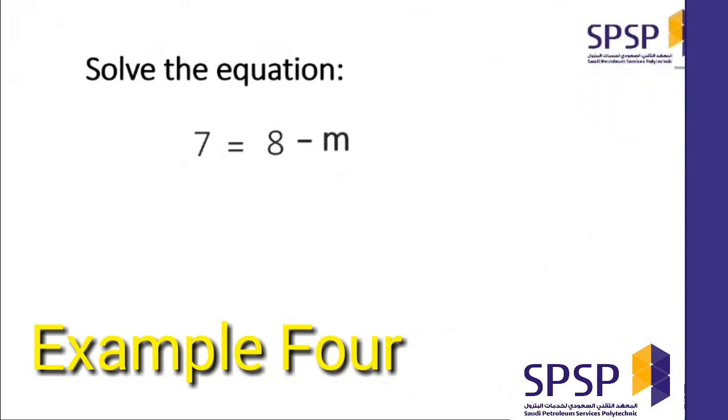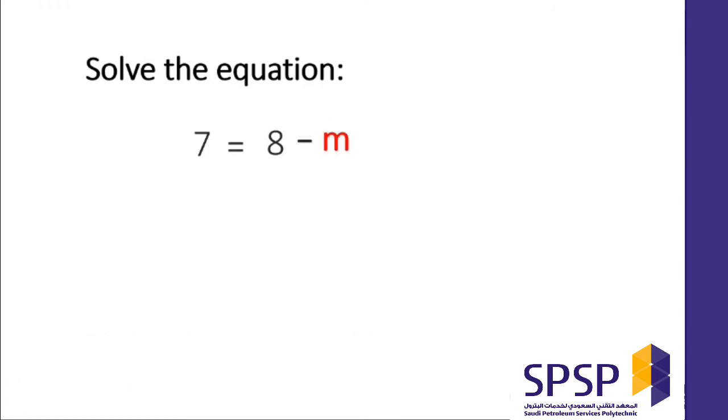Solve 7 equals 8 minus m. This is m. Of course, we have minus. That means we need to start by moving the other term to the other side. But the sign of the other term is positive. It's not negative. So we need to move positive 8 to the other side.